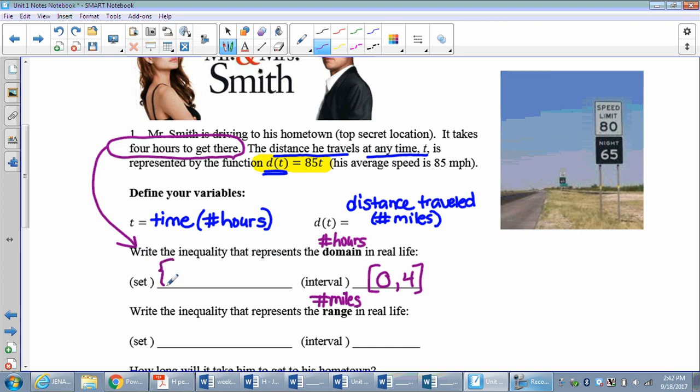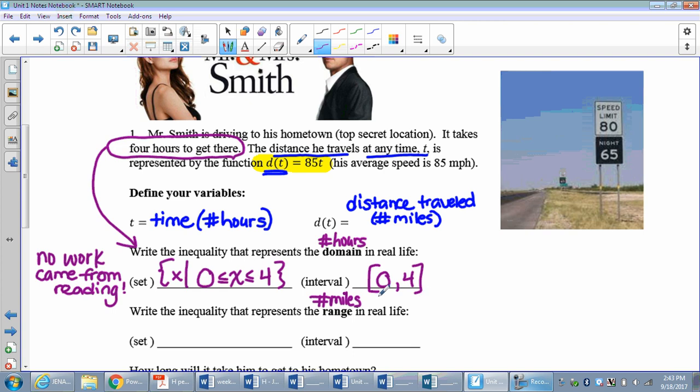Translating this into set notation, it's going to be x such that, and then I get the middle part set up, and it's from 0 to 4 hours. So this was no work, it came from reading. No work involved in this one.